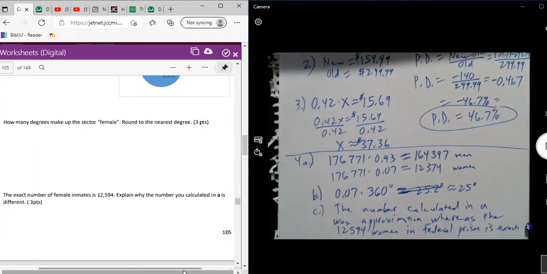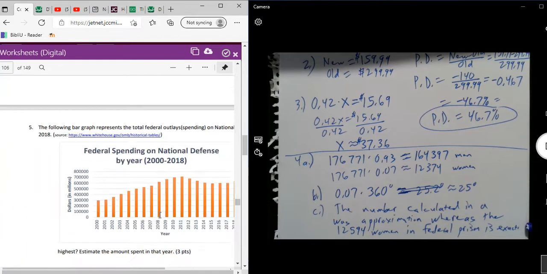So that's why it's different. One's an approximation, one is exact.